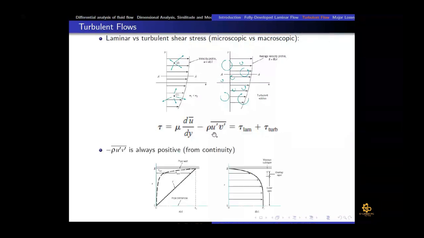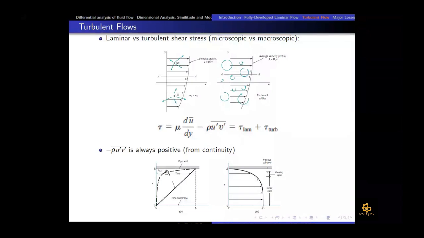So the overall contribution is the addition of that turbulent shear stress, and you can easily see that in the near wall region, which we call the viscous sublayer, that region is called the viscous sublayer. In that region, the laminar portion has greater.